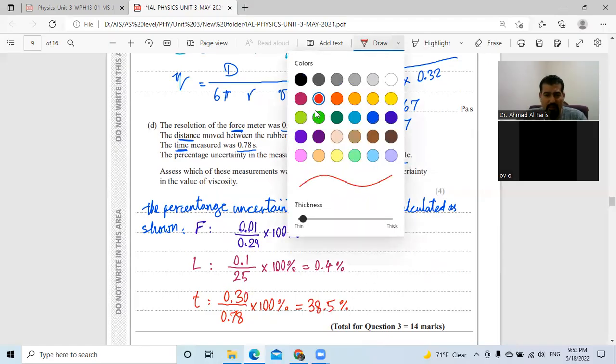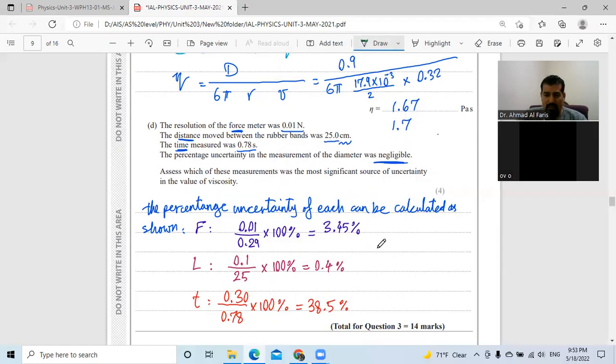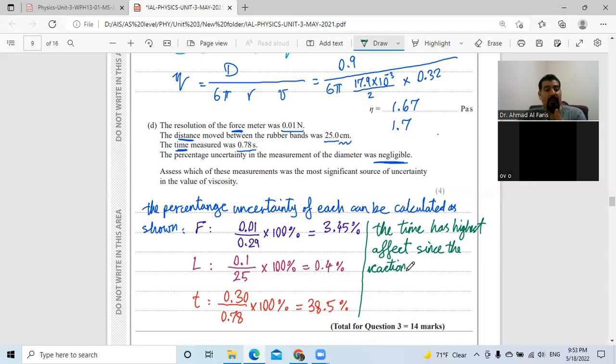So now let's write down: the time has the highest effect, since the reaction time is bigger, from 0.2 to 0.7. Yes, maybe some of you get 1 second reaction time.